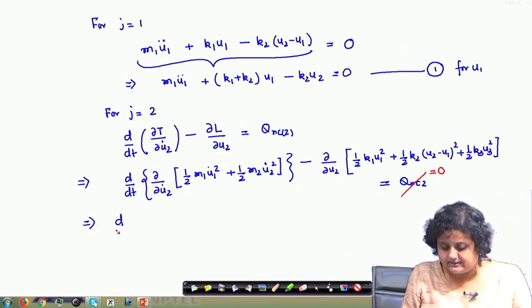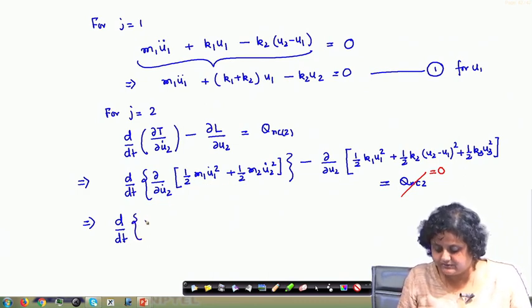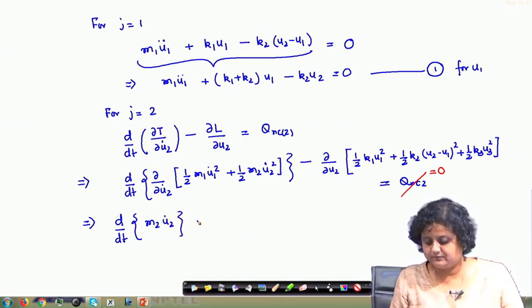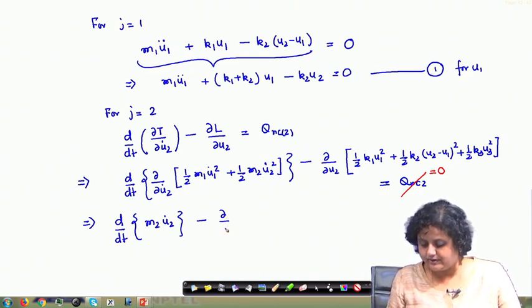So, this is d dt. If I take this derivative, this is going to be just m2 u2 dot, and everything else is going to be 0. Then I have del by del u2.